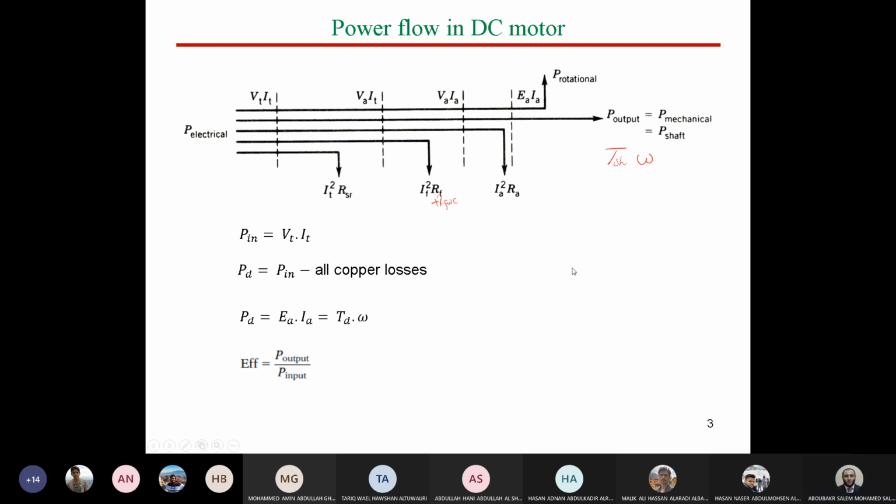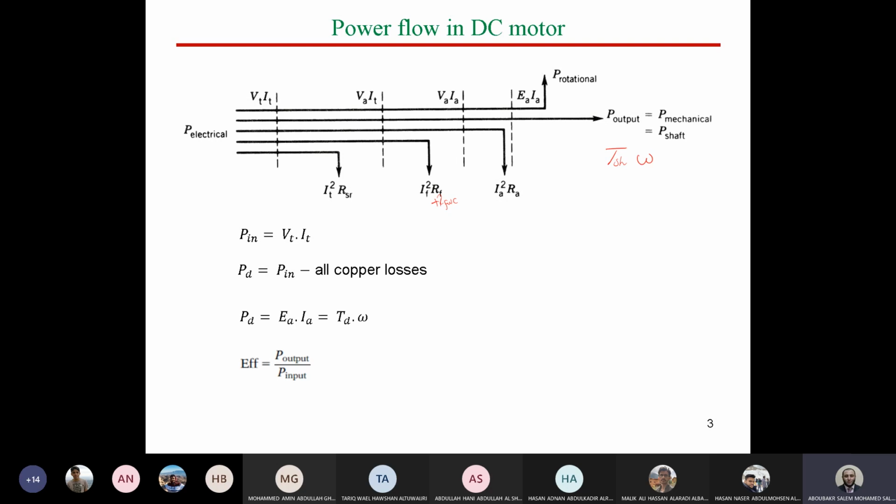Fine. So this is regarding the power flow, and the different configurations of the power flow according to the motor type. In general relations, we can say that P input is Vt It, and P developed is P input minus all copper losses. So it will be the summation of any I square R in the circuit. Take care that in the DC motor, we don't have a resistance representing the output power.